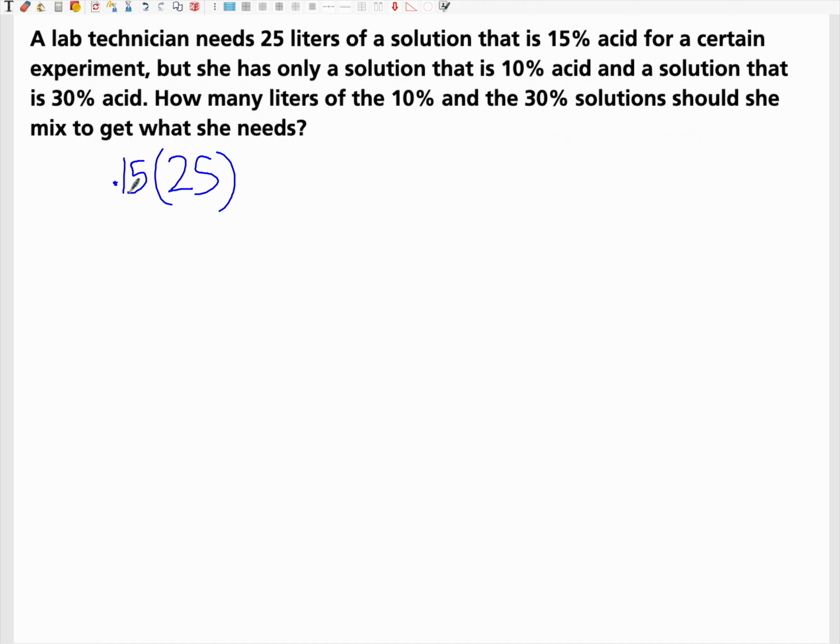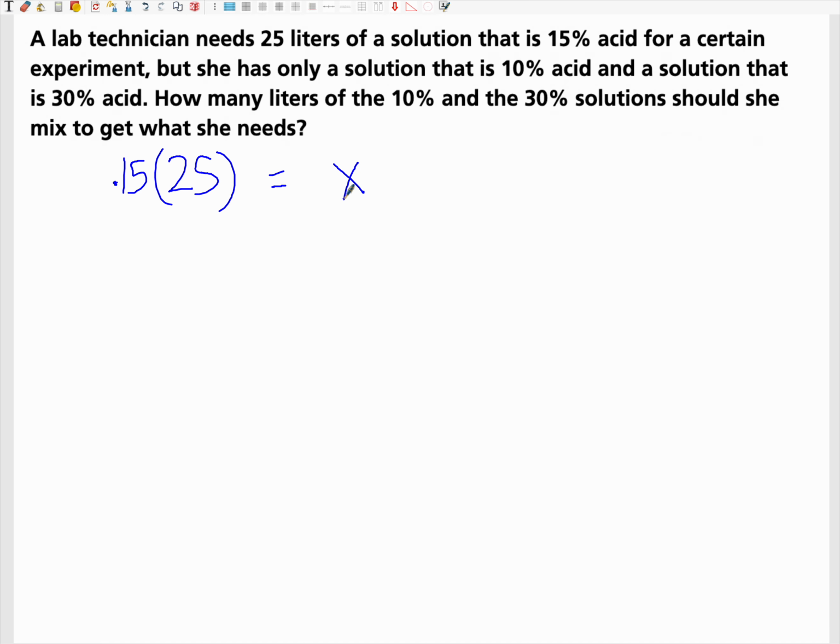So, we need to mix the other two chemicals, right? To get this one. So, I need some number of liters of the 10% solution. I don't know how many liters I need though, right? So I put an x there.